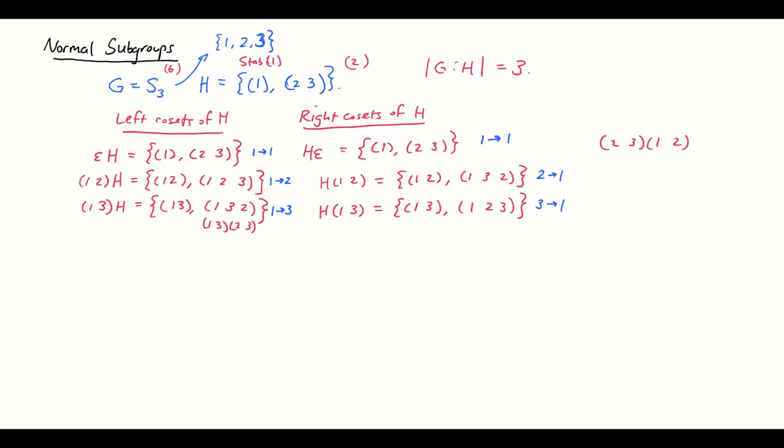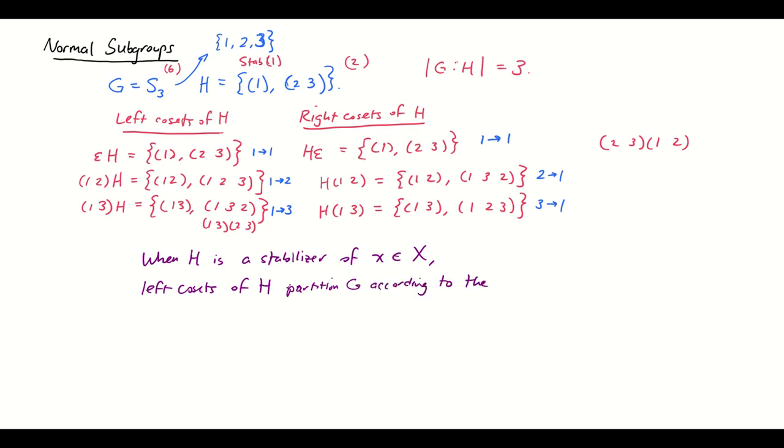So you might say that when H is a stabilizer, this is just a generalization: for some element X in a set being acted on, left cosets of H partition G according to the image of X. In other words, whether X goes to 1, 2, or 3.